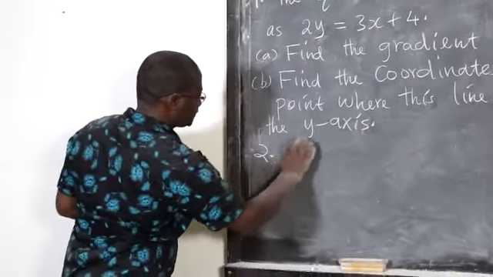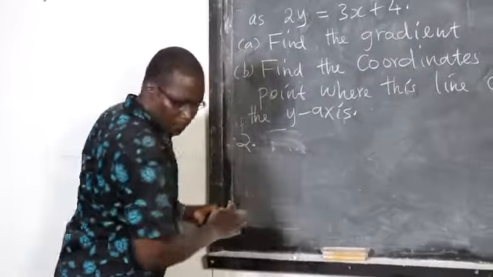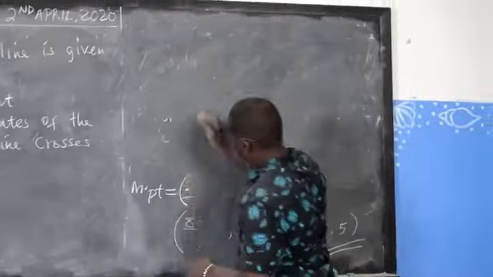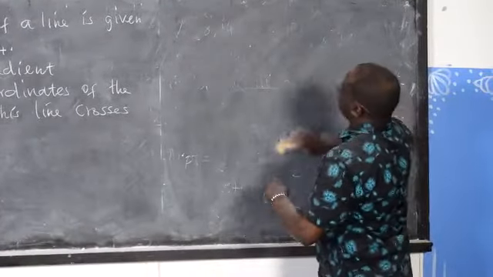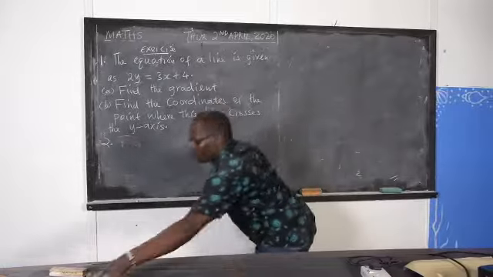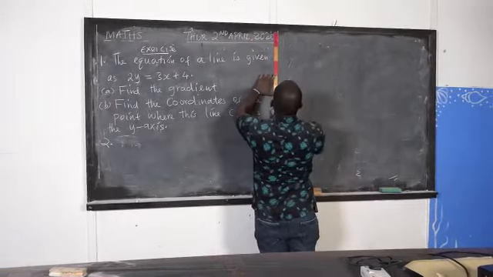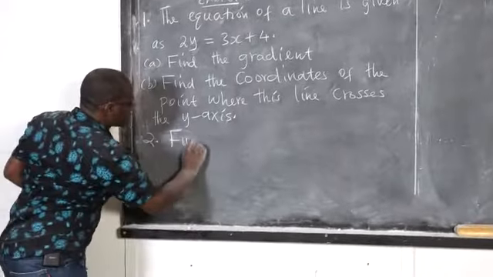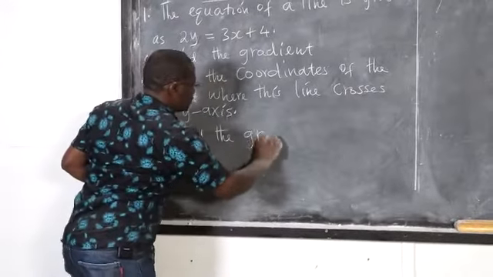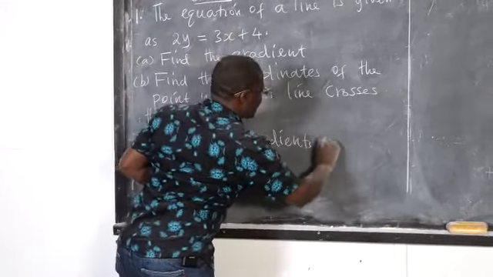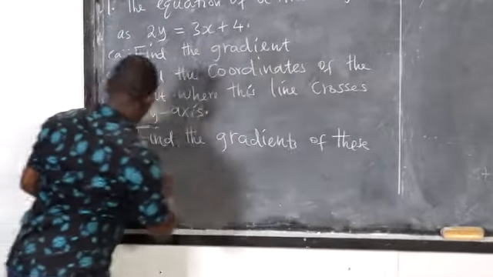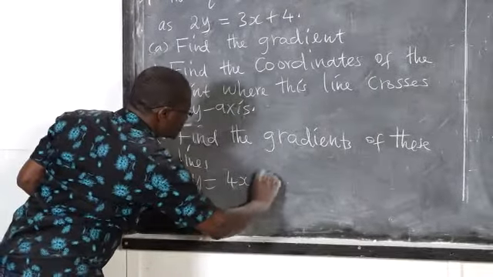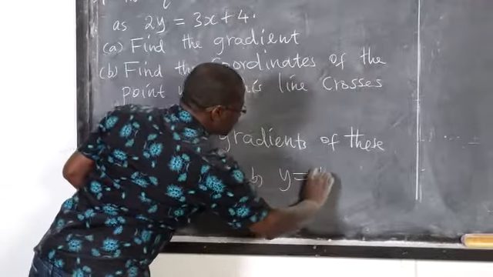Number 2, find the gradients of these lines. A, y equals 4x plus 3. B, y equals 1 minus x.